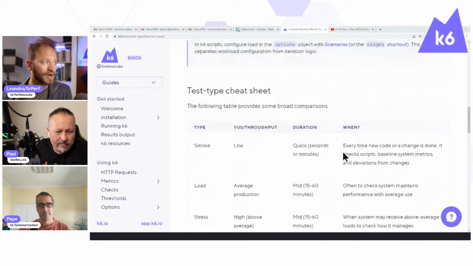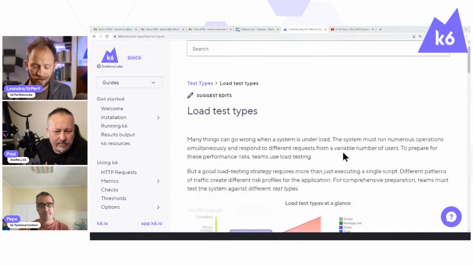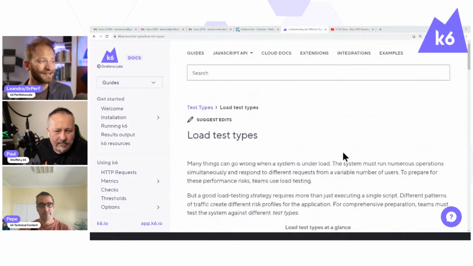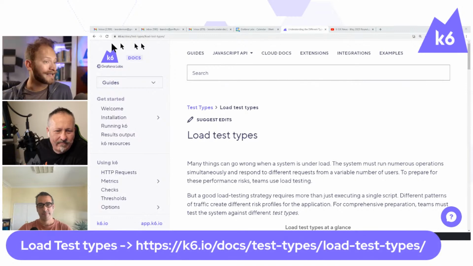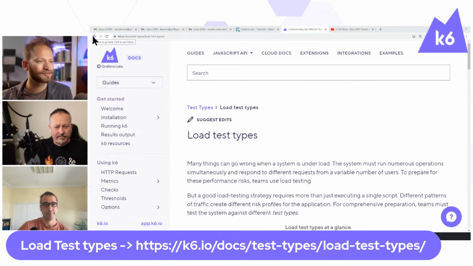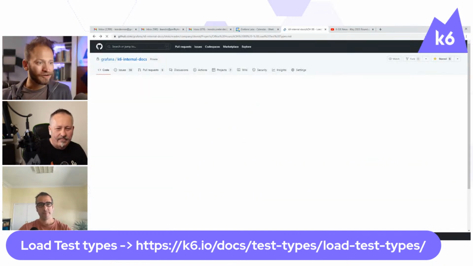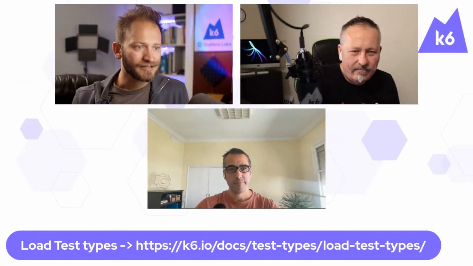But if you need and want, go and take a look. I have heard very good things about it. I hope that we do a good job trying to put this together and the discussion that we're going to be doing. Again, take a look at the link or just Google K6 test types and you go straight into it. Now, let me remove this.